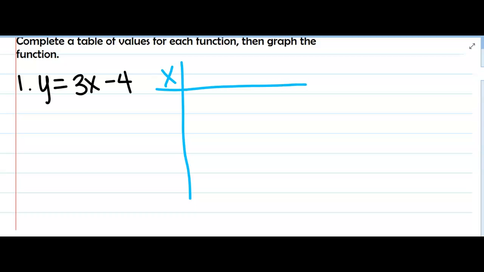It's kind of nice to have a column for our work. If you like, you can put your function rule in that middle column, if that helps. So y equals 3x minus 4. And then in that last column, here's what you're going to see on your homework. That last column is actually going to pull those two things together into that ordered pair that we are then going to turn around and graph.